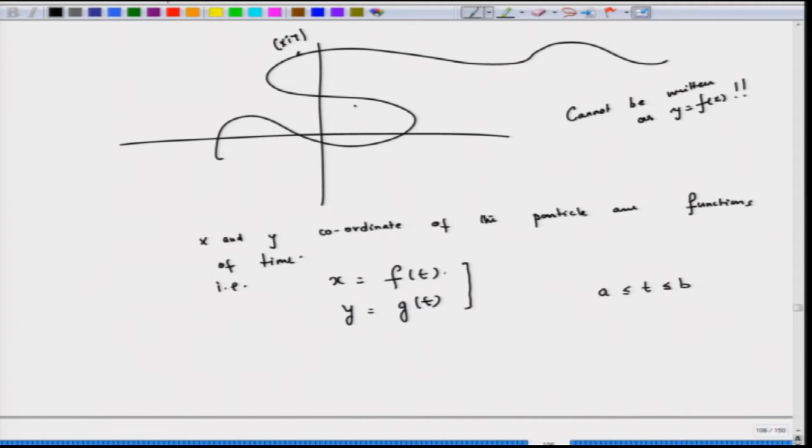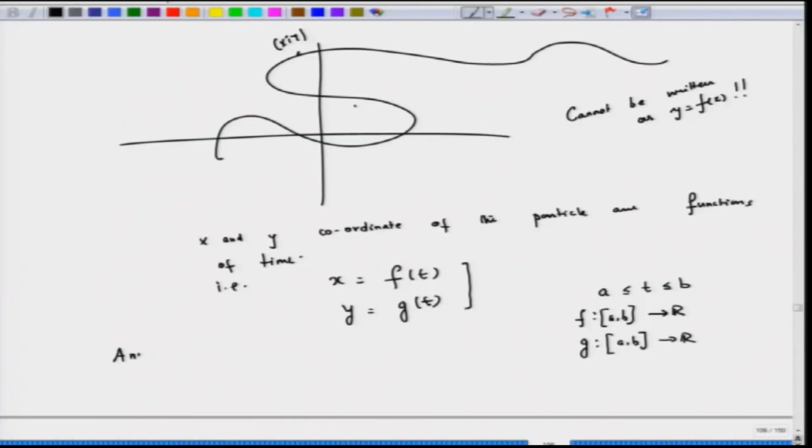That means f is a function from [a, b] to R, and g is also a function from [a, b] to R. So, all these x and y are given in terms of a parameter; in this particular example the parameter is the time, which is on a fixed interval [a, b].